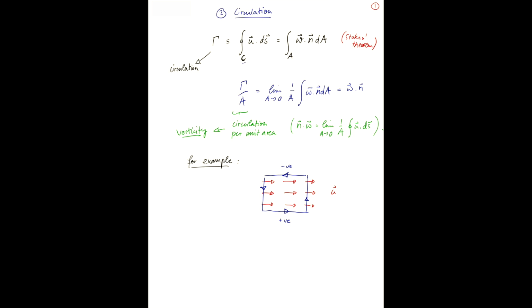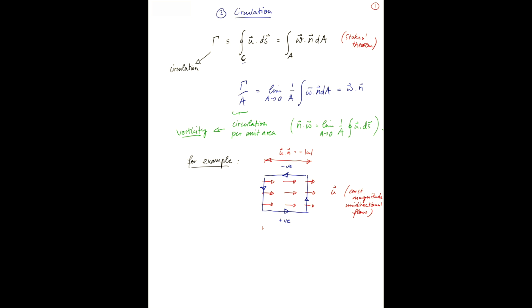So for the top line here, u dot n is going to be minus the magnitude of u, and I should say this is a constant magnitude unidirectional flow.